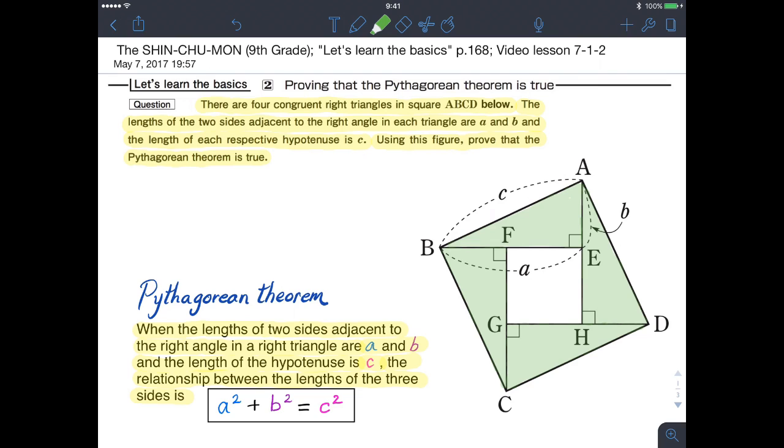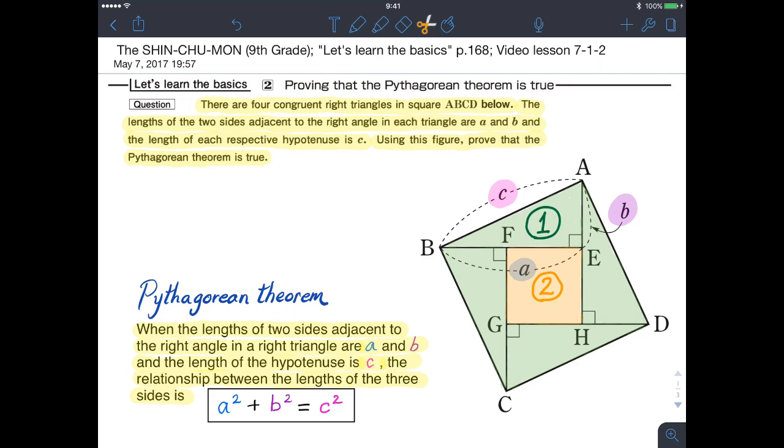It also mentions that these triangles are right triangles, and each of their right angles are noted with the right angle symbol. Notice also that the sides adjacent to the right angles are labeled A and B, and the side opposite the right angles are labeled C. C is the hypotenuse for each of the right triangles.